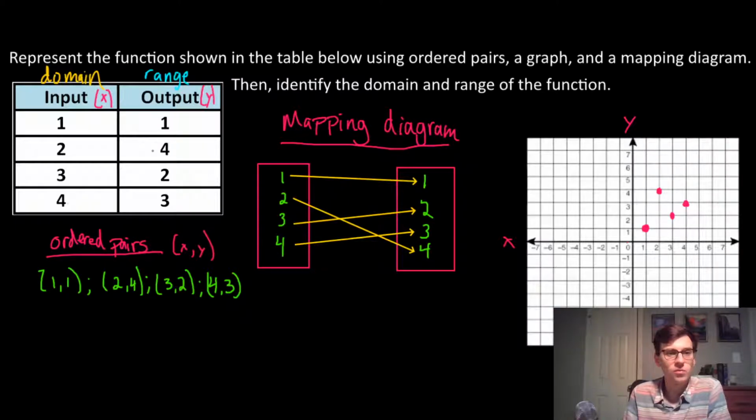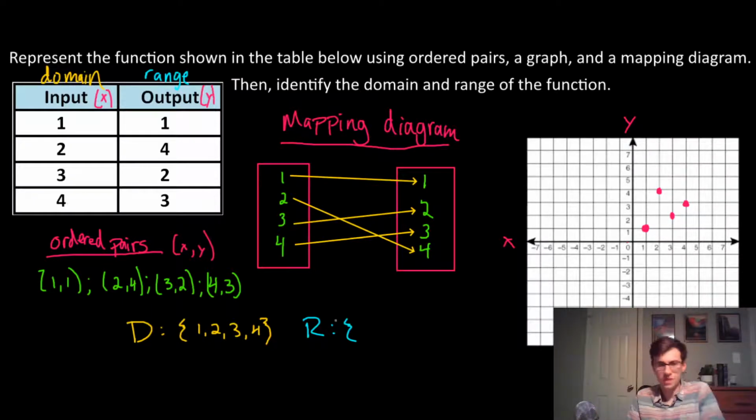So the domain is, if I were to write this, I would say the domain is the numbers 1, 2, 3, and 4. While the range is the numbers, and we use these curly braces to show that they're grouped together. The range is also the numbers 1, 2, 3, and 4.